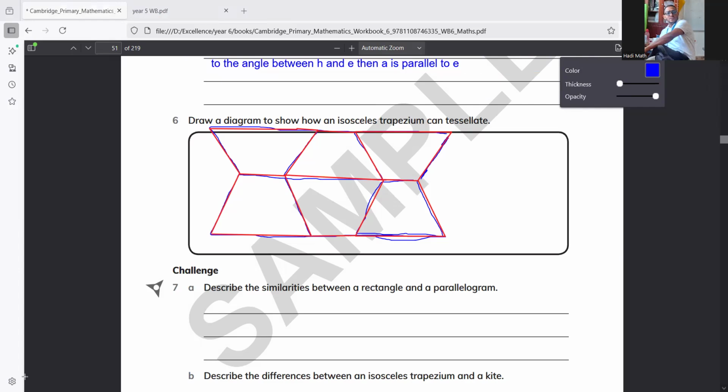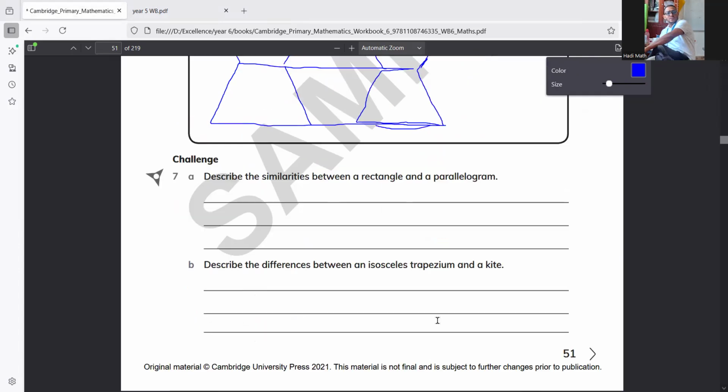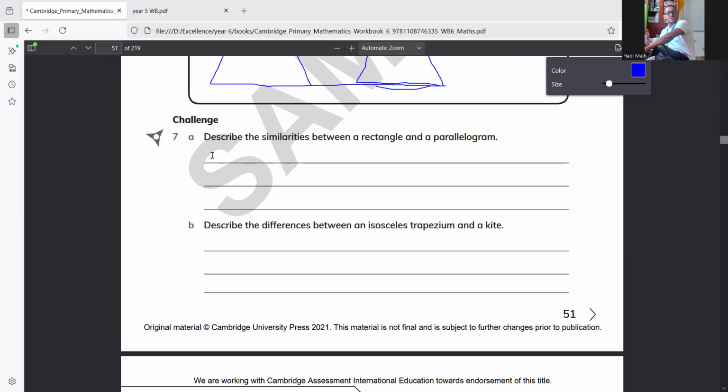Let's go to question number 7. They say describe the similarities between rectangles and parallelograms. Similarities: two pairs of equal sides and two pairs of parallel sides.